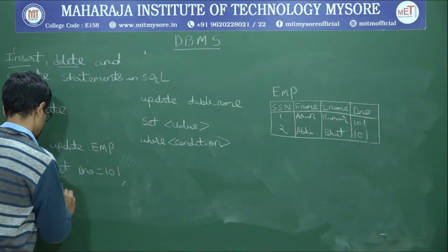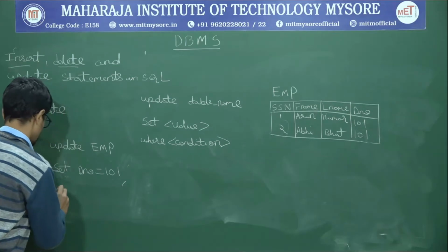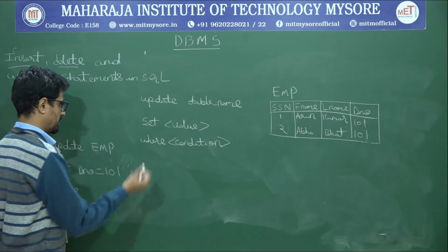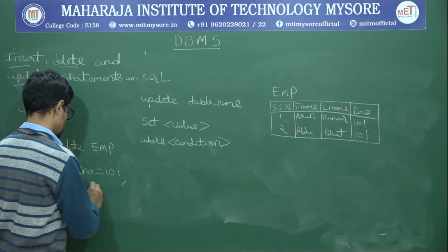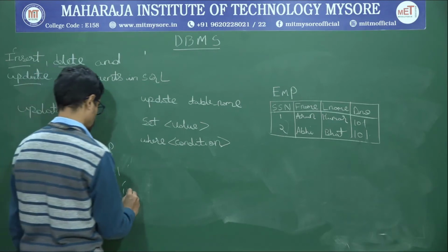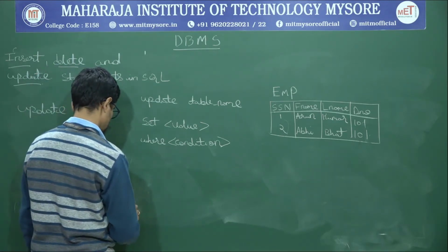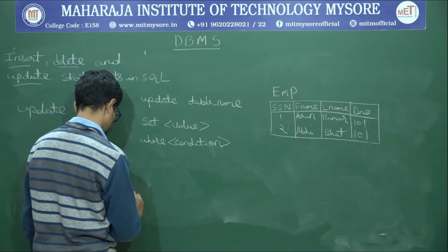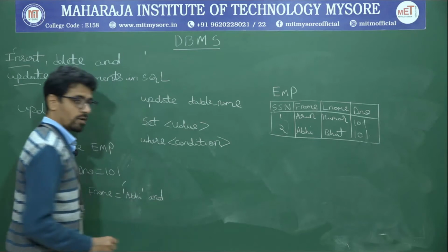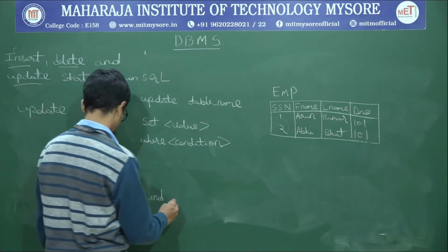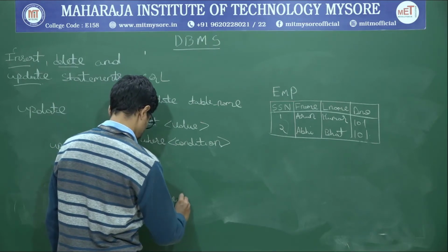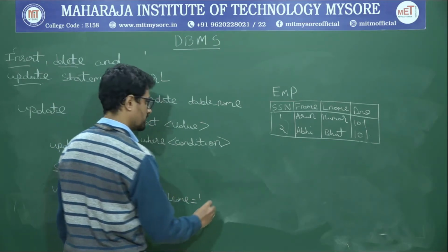Say, where SSN, I have taken as the primary key. If you have not taken the primary key, such as where first name equals, in our case, Abhi, and you can use this logical operator AND, and last name equals but.